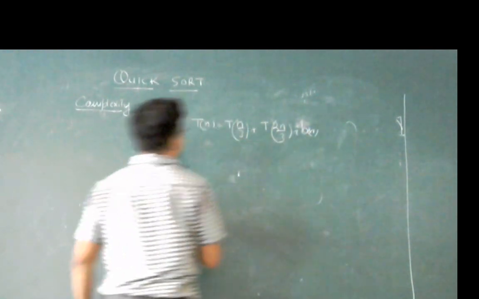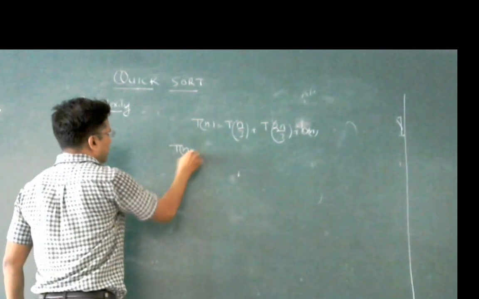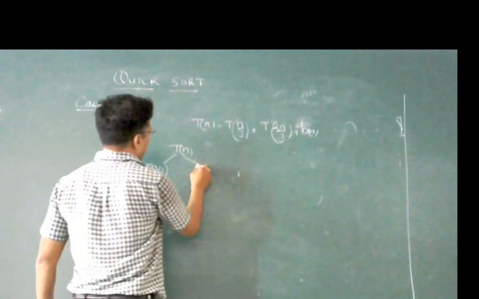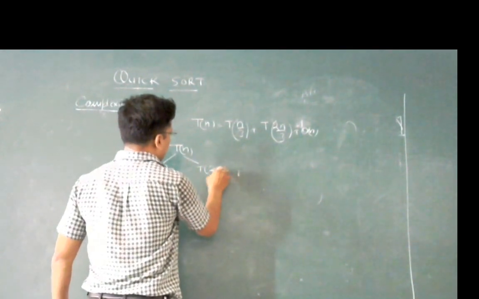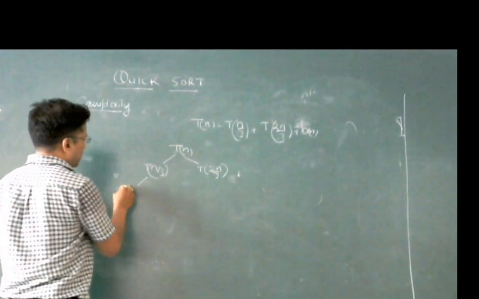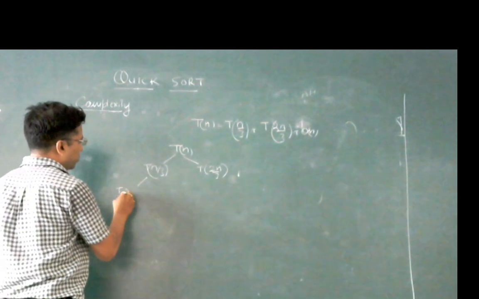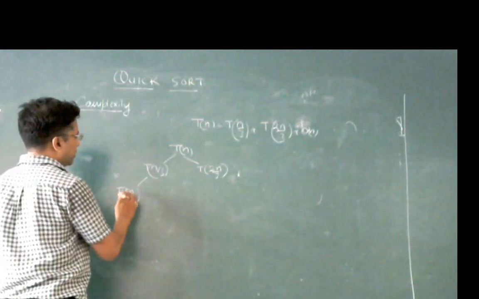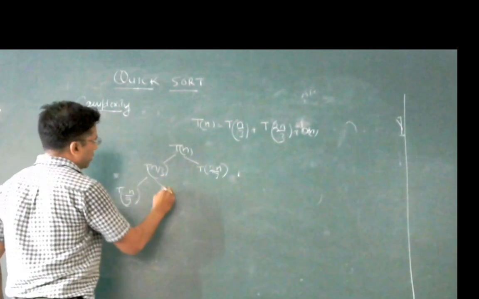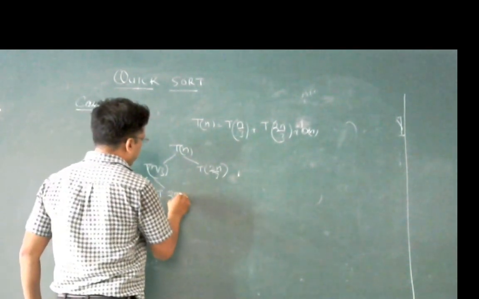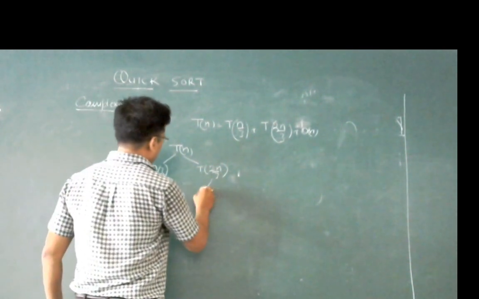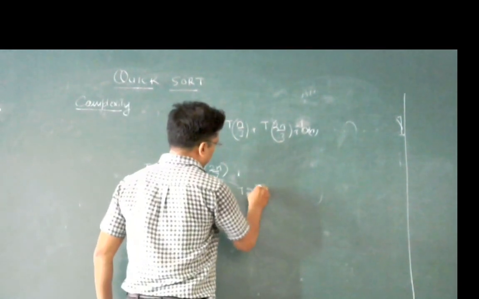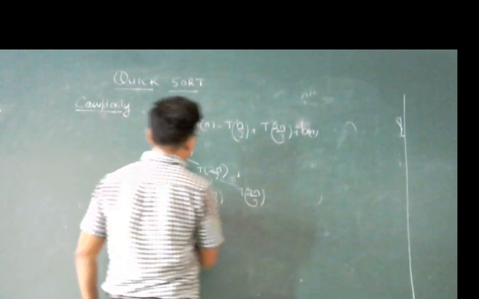Then T 2n by 3 is divided into 2n by 9, sorry, n by 3, n by 9 and T of 2n by 9, 2n by 9 and so on.